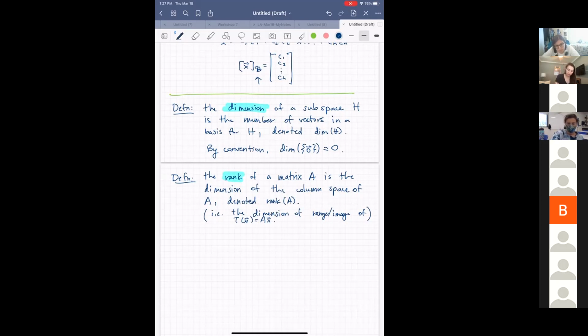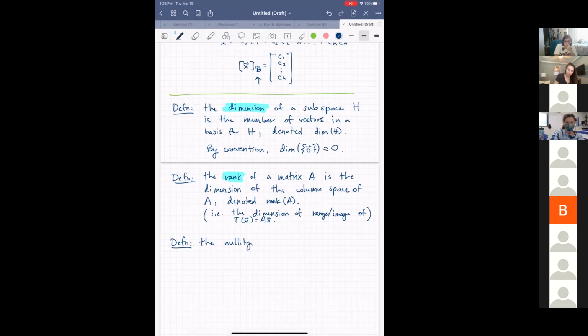And then there's one more thing. I think this is not defined in the textbook, at least I couldn't find it. So I'm going to define it this way and refer to it this way, but you might not see it in the textbook. And this is called the nullity.